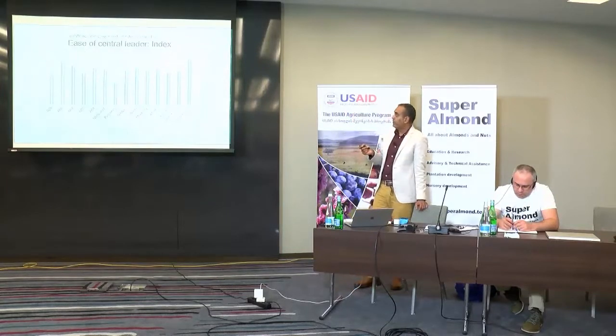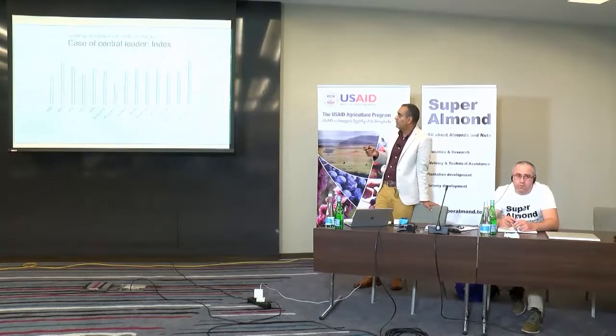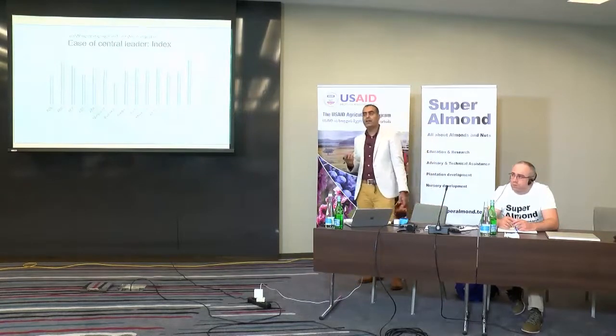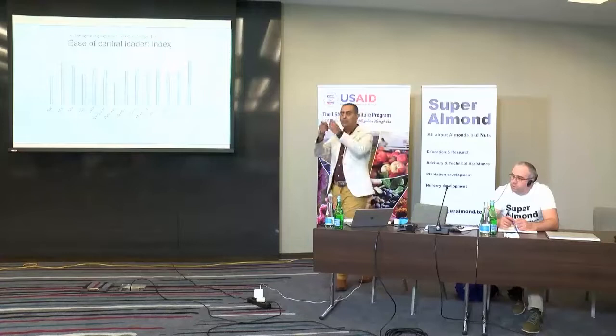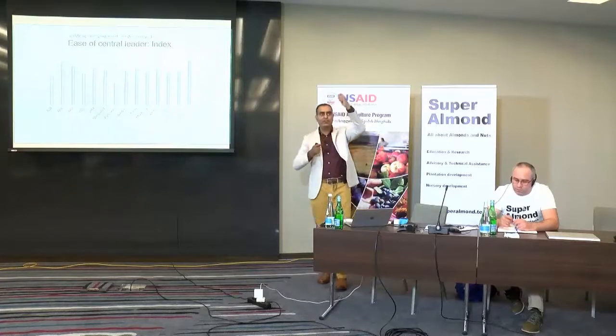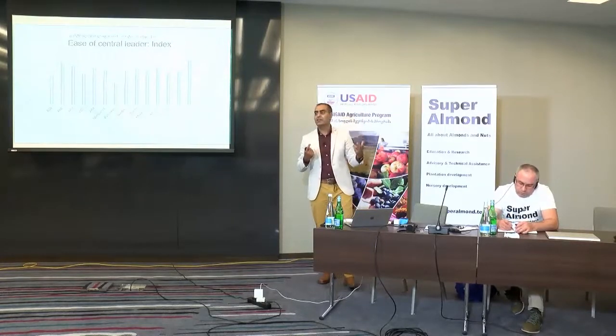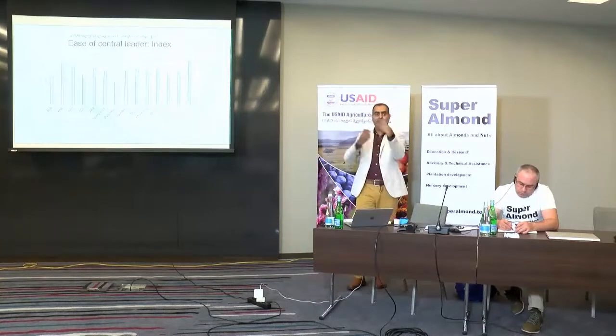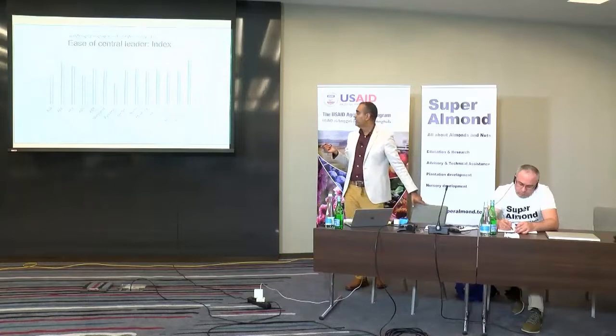One good example is these varieties. This is really a low index. We tried hard to prune out the laterals to push the central leader, but it never grew as a central leader. It basically kept on diffusing to the sides.